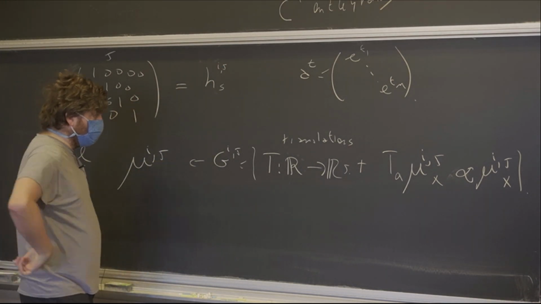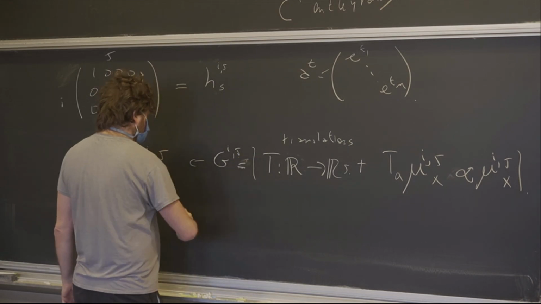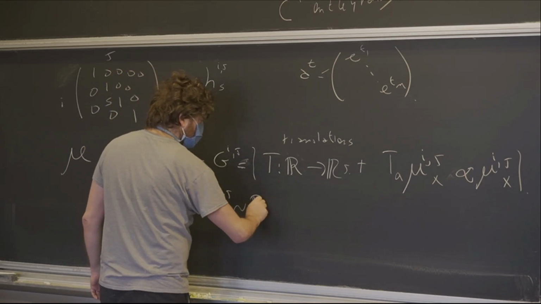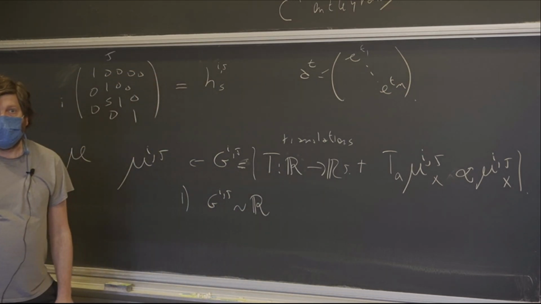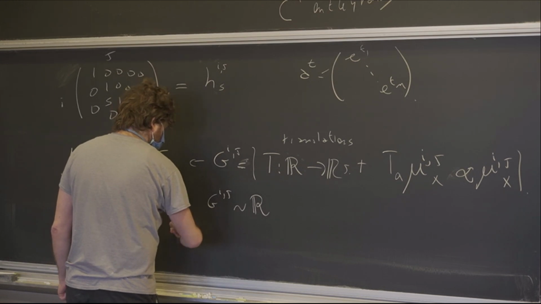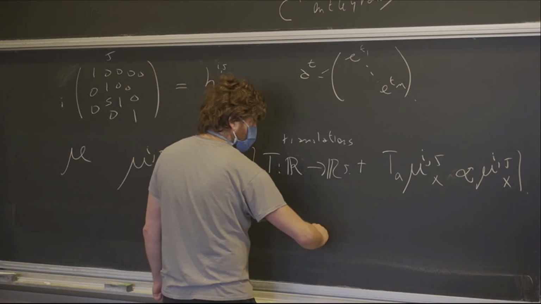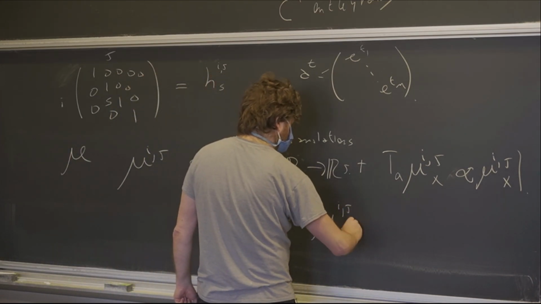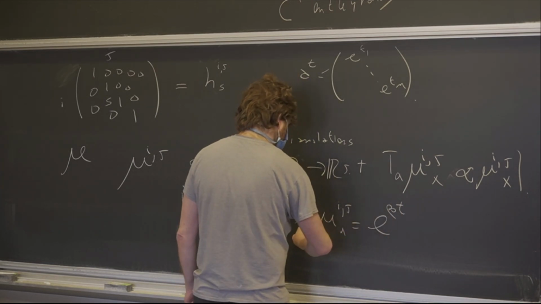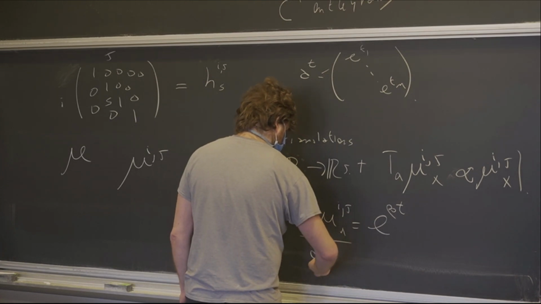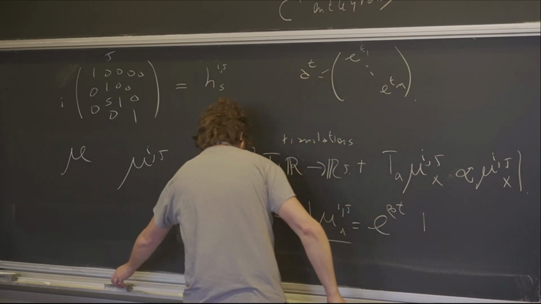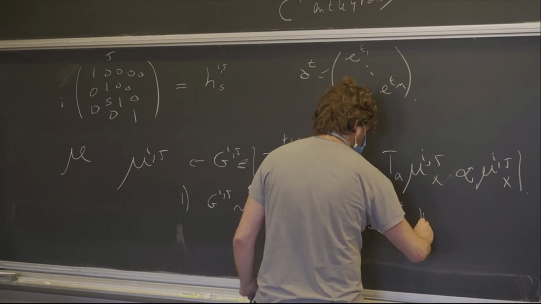And then we have this group, and there was one case where this group is the same as R, and then in this case we get that this mu_ij^x is e^{beta t} dt.